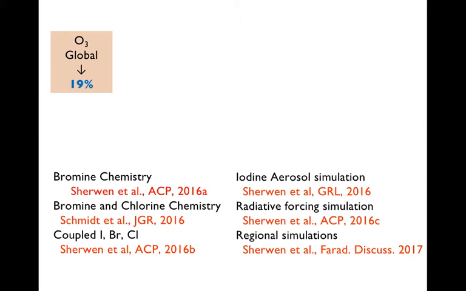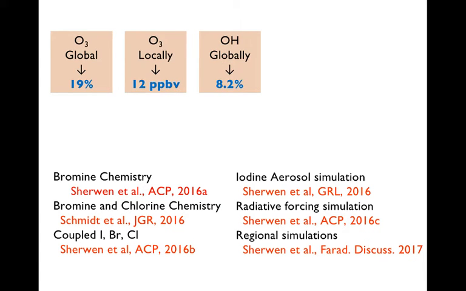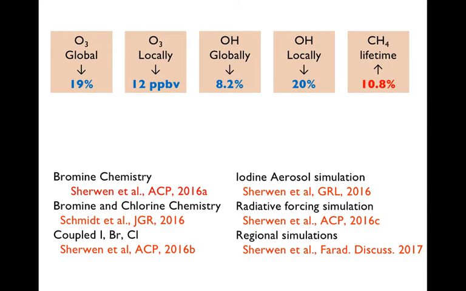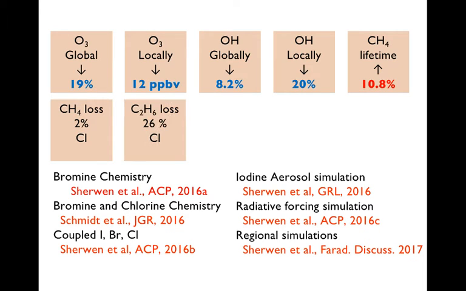When we switch on our chlorine, our bromine, and our iodine work, we end up with ozone global burdens dropping by about 19%. Locally, that can be up to about 12 ppb. The OH drops by about 8%. Locally, that can be a 20% drop in your OH. That leads to a 10% increase in your methane lifetime. We get 2% of the methane being lost through chlorine chemistry, but we get about 26% of our ethane being lost by chlorine chemistry.